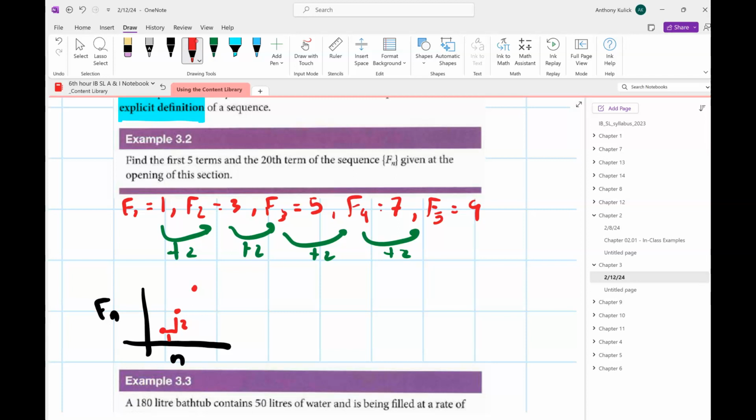Equation of a line, right? What does that plus 2 look like to you guys? Slope. Yeah, it looks like slope to me. What do you guys think? Can you see the equation for a line yet? And then plus 1? Minus 1, right? If I plug 1 in, I should be getting 1 back, right?